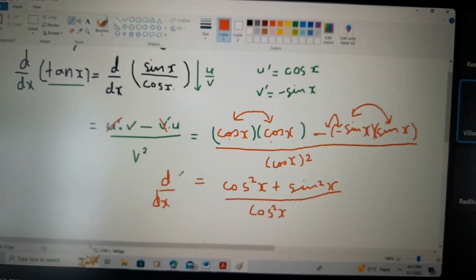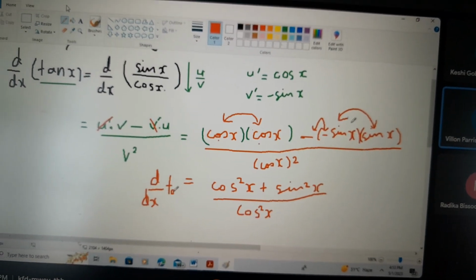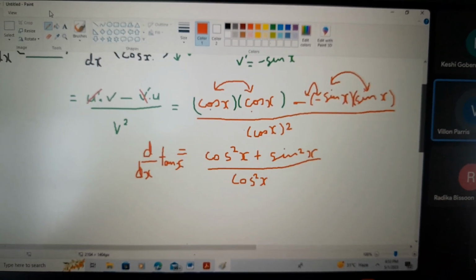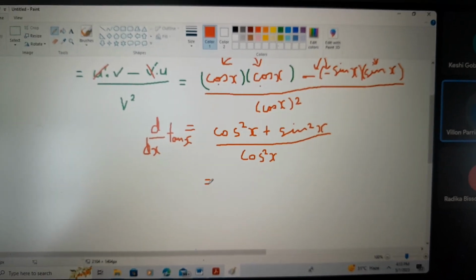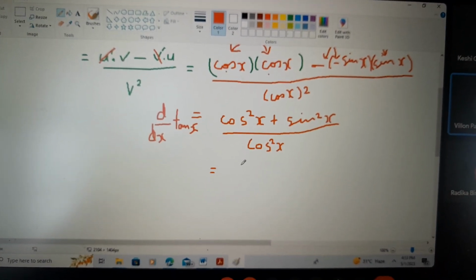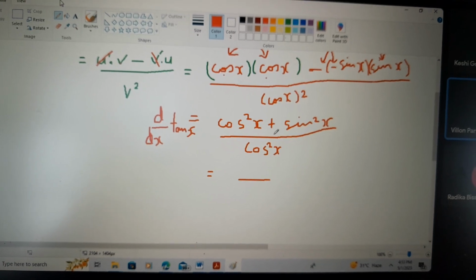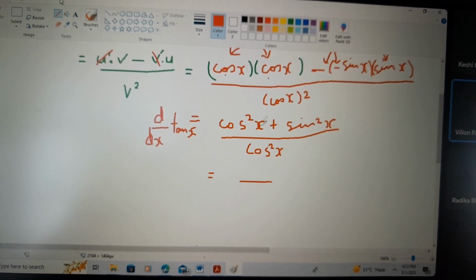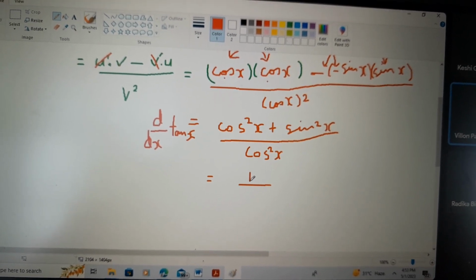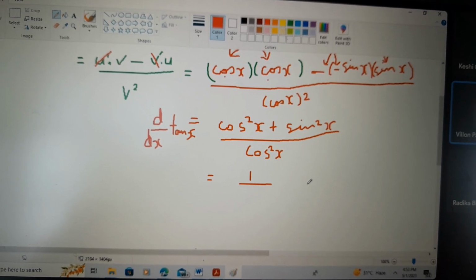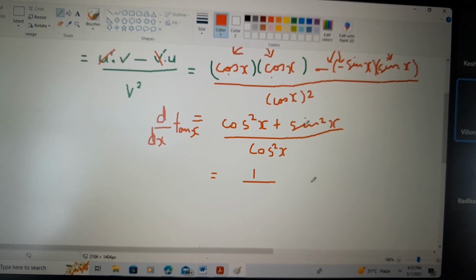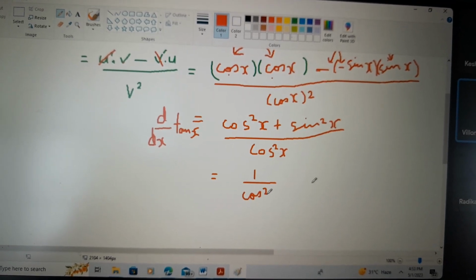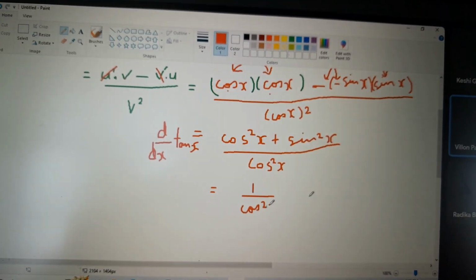Tan as sine over cos. Good. So you should remember from geometry and trig that cos squared x plus sine squared x is equal to what? This is one of the basic trig rules. Cos squared x plus sine squared x is always equal to 1. So you need to remember things like these. So we have 1 over cos squared x.